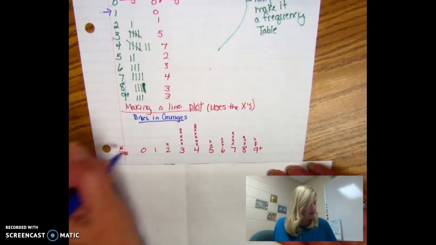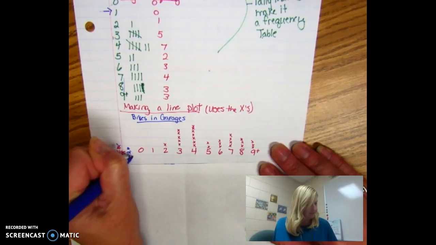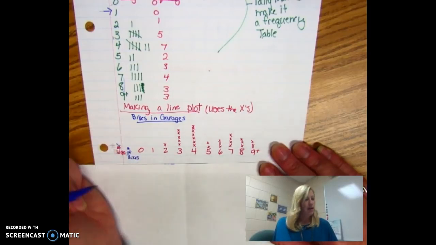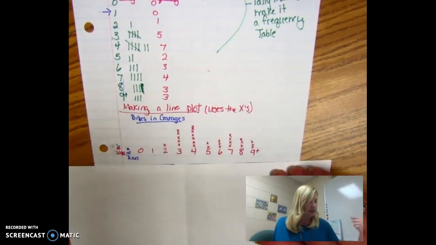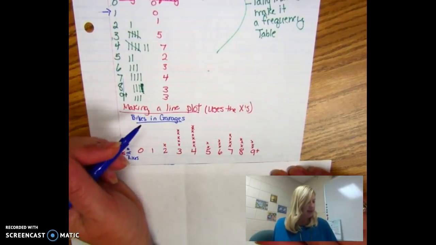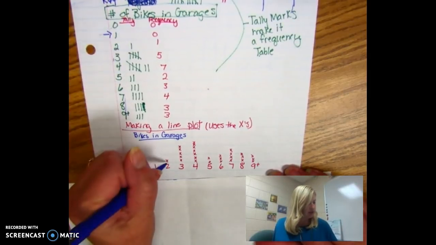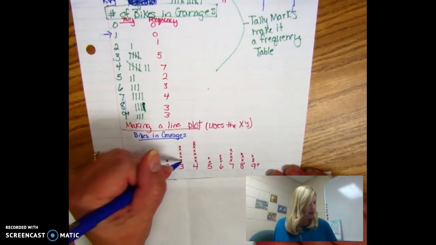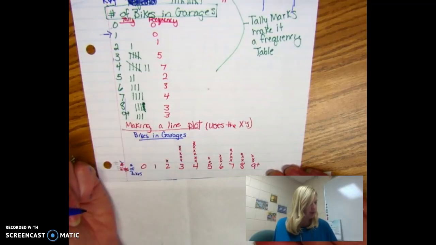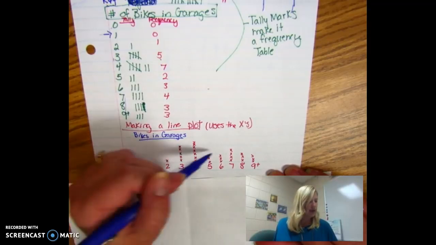And then down here, this is number of bikes. I went 0, 1, 2, 3, 4, 5, 6, 7, 8, 9 plus, and I put nice little X's above there. If you look back to my frequency table, only one person had a 2, so I got 1 X right here. 1, 2, 3, 4, 5 people had 3, and that matches the 5 right here.